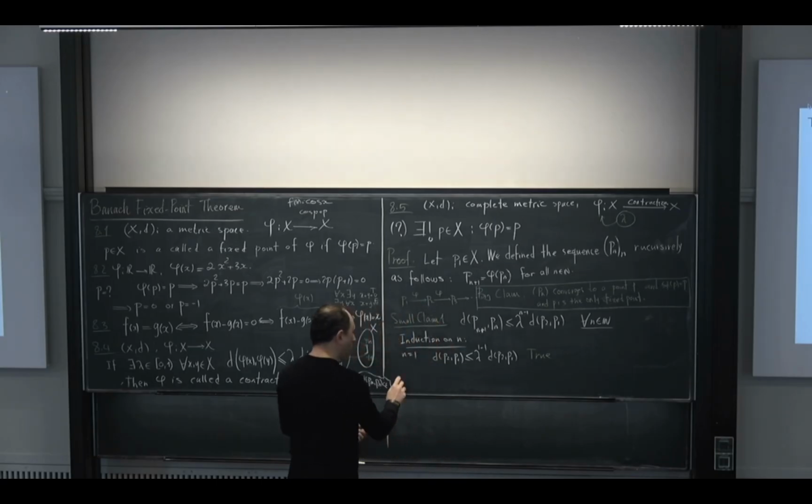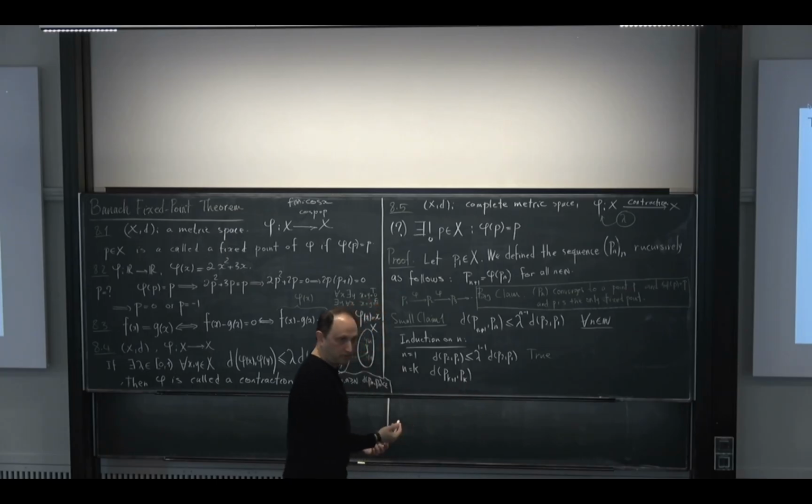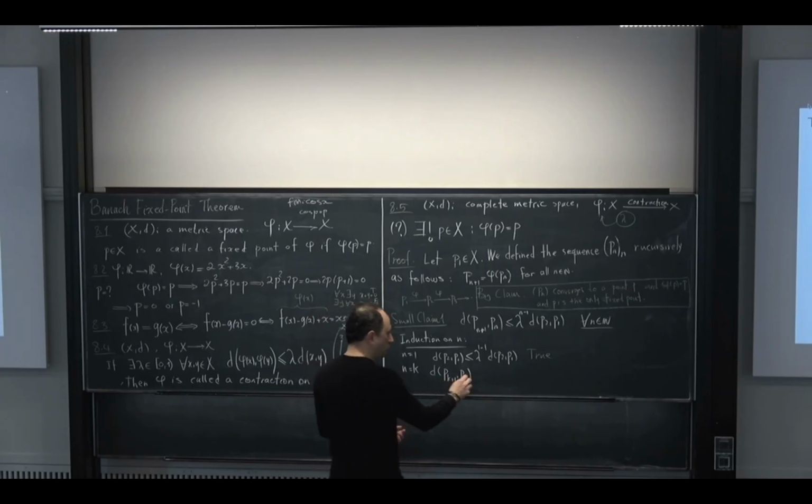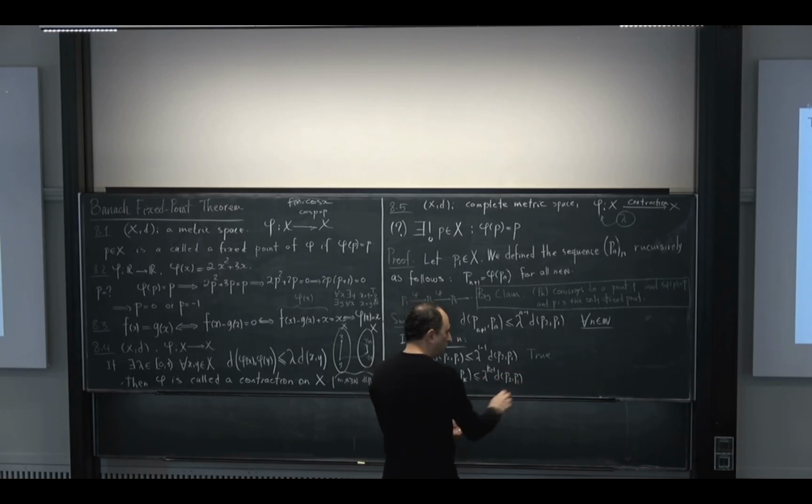And now we assume that it is true for k. Have you heard about induction? Yes? Okay. So d(p_{k+1}, p_k) is less than or equal to lambda to the power k minus 1 times d(p2, p1), assumed to be true.